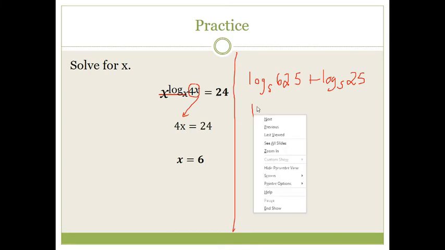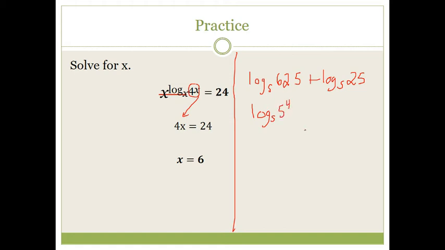So I could rewrite 625 as log base 5 of 5 to the 4th power, because 5 times 5 times 5 times 5 is 625. Likewise over here I could write log base 5 of 25, and 25 is the same as 5 squared.